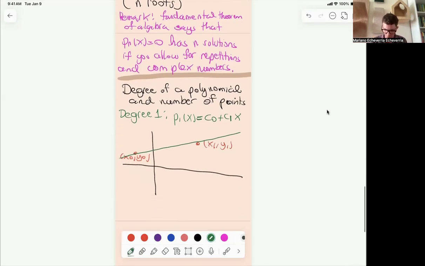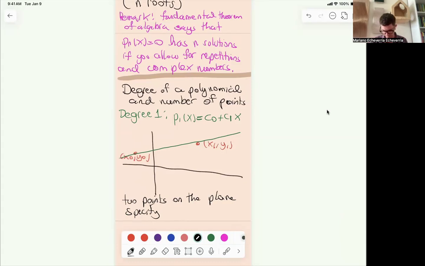But the idea is that 2 points on the plane specify a line or a degree one polynomial.